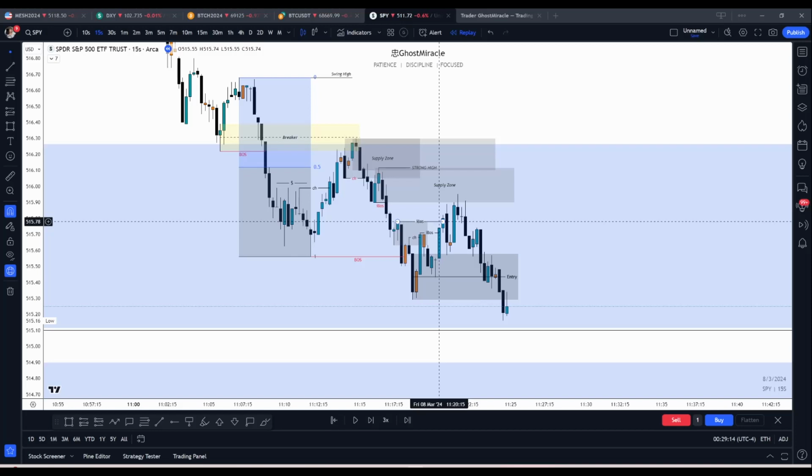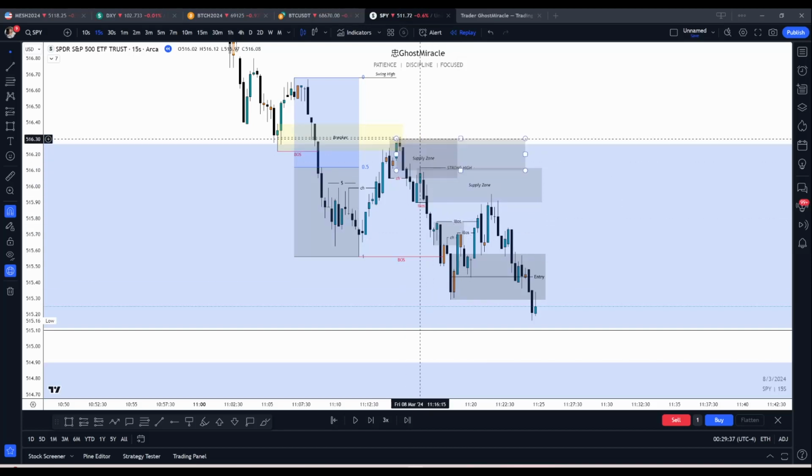So you have your choch, internal break, and then another internal breaker structure, which is why it continued to the upside after the retest, because this is a protected low now, and this is also a protected low. So you kind of got your full break based off of the high that created this low, if you will.